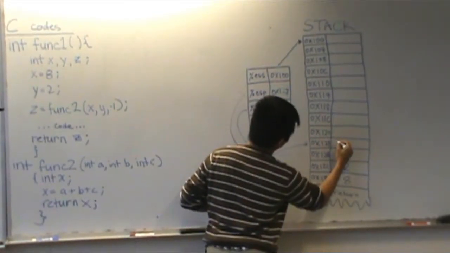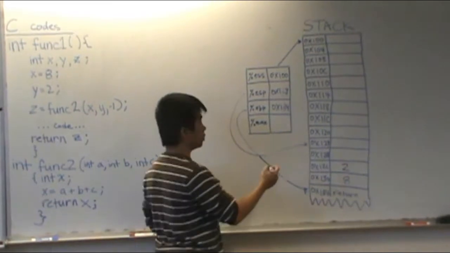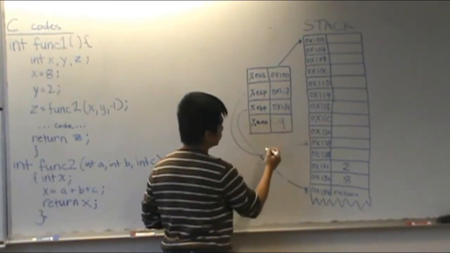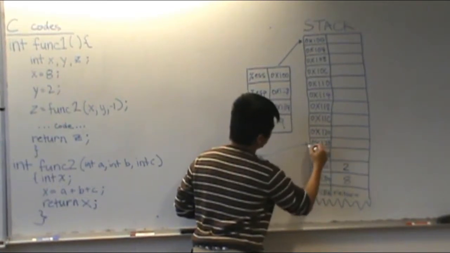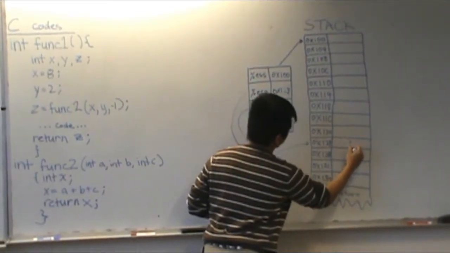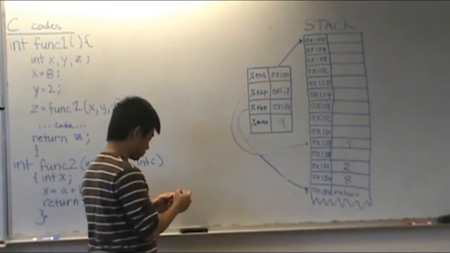Whatever is in register A, for example, let's say -9 was in register A, will be stored in there.